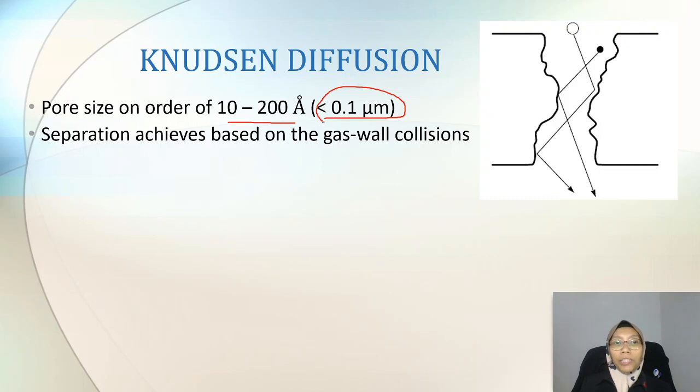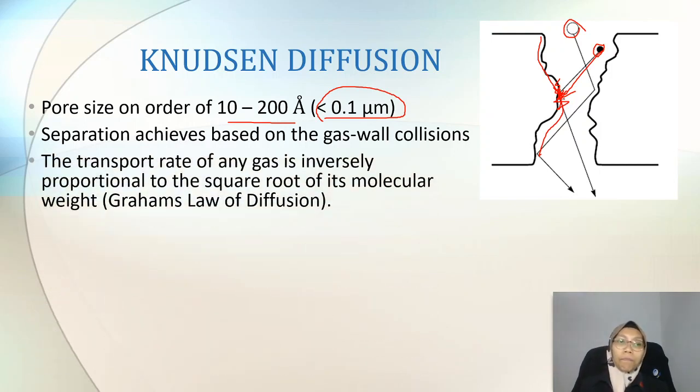The separation is achieved when the gas collides with your membrane pore wall. This one is your pore and your wall here. Because the gas molecules move in different directions, they are going to collide with the pore membrane wall. So this is how the separation can occur.